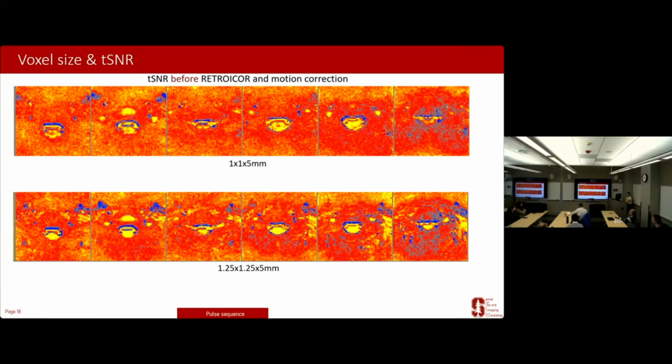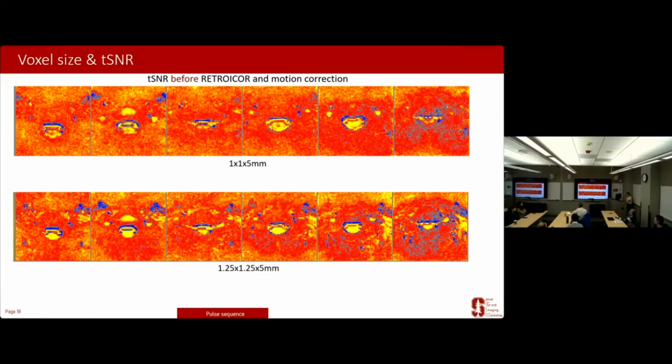And if you do the calculation, you will find that it actually dropped by about 30%. And if you want a resolution of 1 by 1 by 3, you further drop another 30% in TSNR.